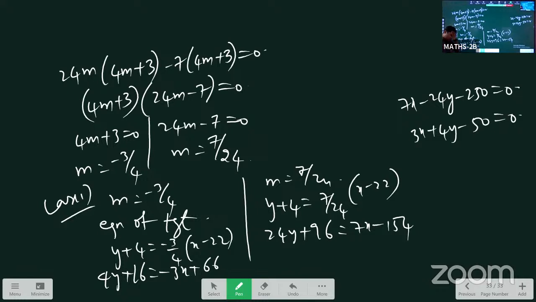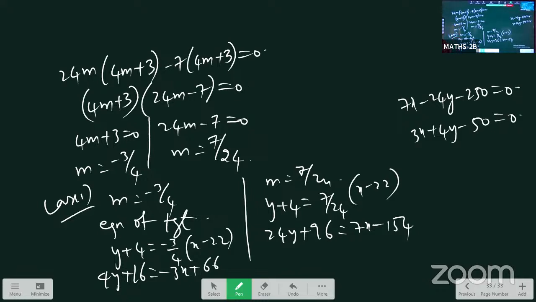Circles: two long answers, as I said, one from the first exercise and another from the last exercise. In the first exercise, yesterday's class, we did a circle passing through three points, or through two points with the center on a line, or concyclic. These are the three models; mostly we'll ask from here.